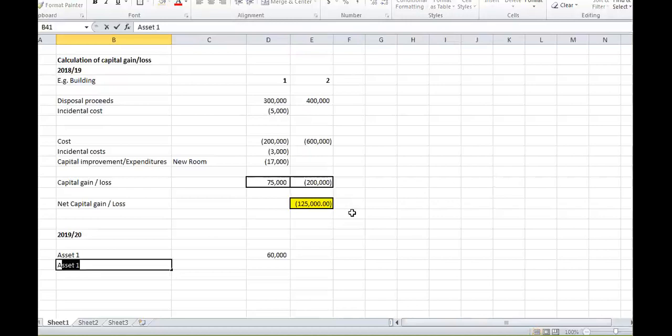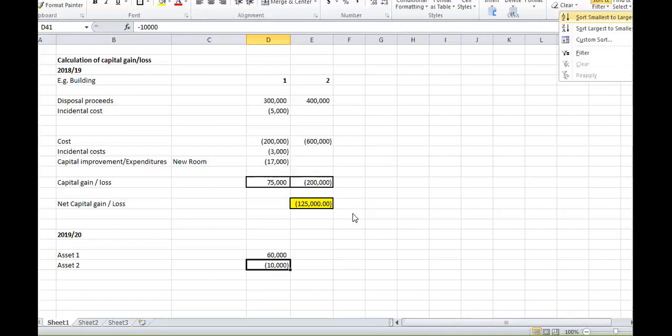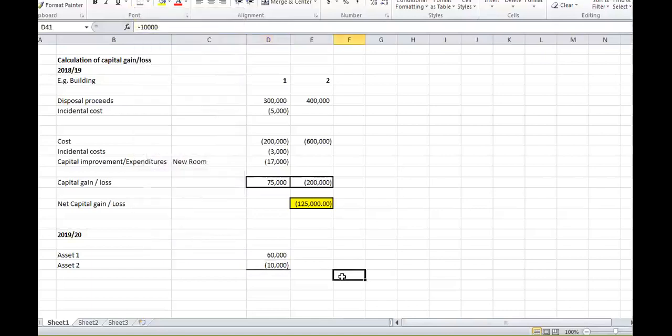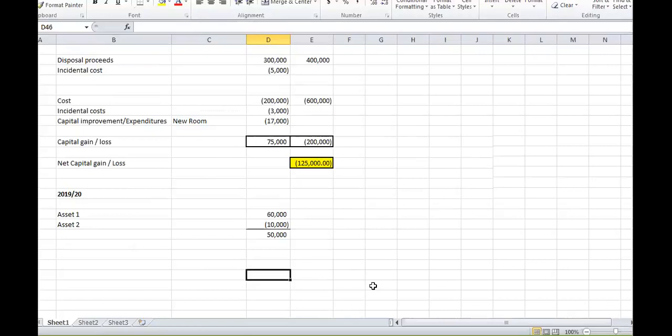In 2019-20, we have sold another asset, asset 2, and we have maybe loss of, say, £10,000. Now you can see we have net gain of £50,000 in the 2019-20 tax year.